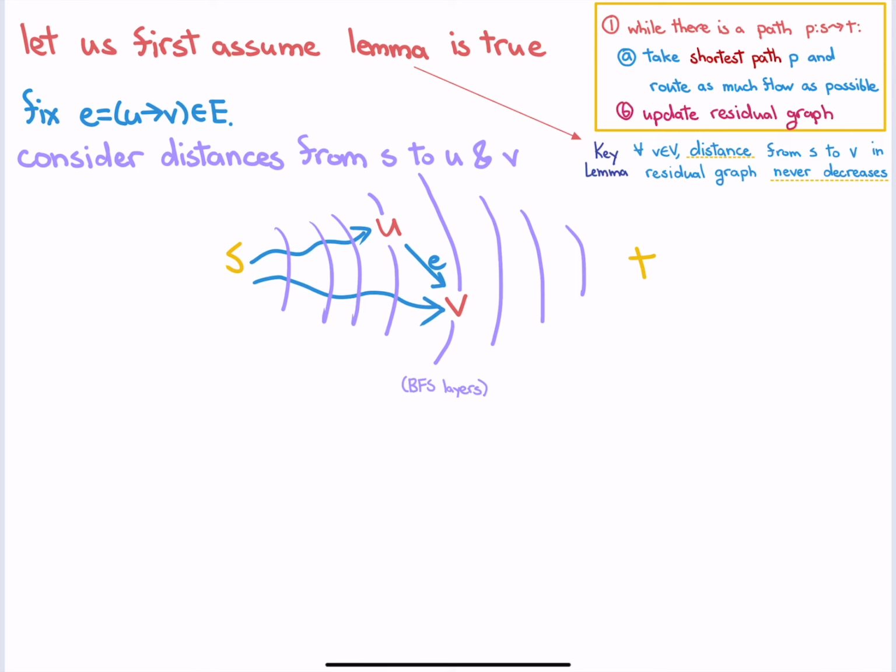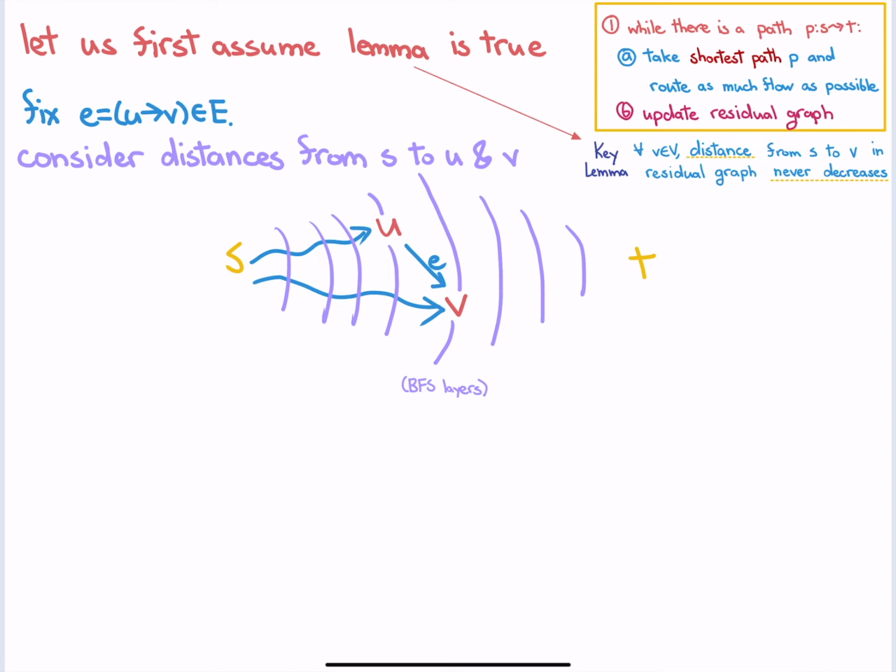So first let's assume this lemma is true. The distance from S to V never goes down as edges get added and deleted from the residual graph. And see why that gives us a polynomial time algorithm. This itself is already very interesting.